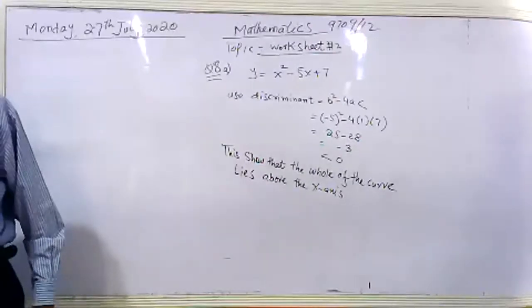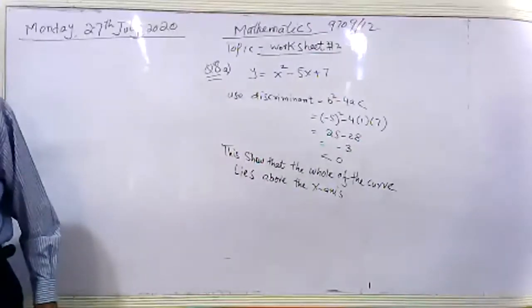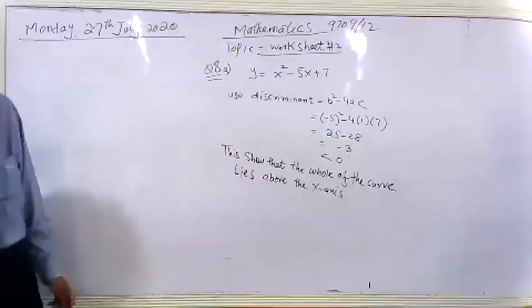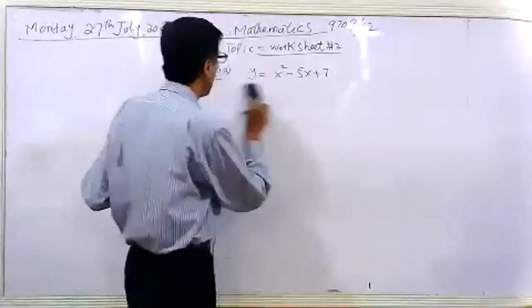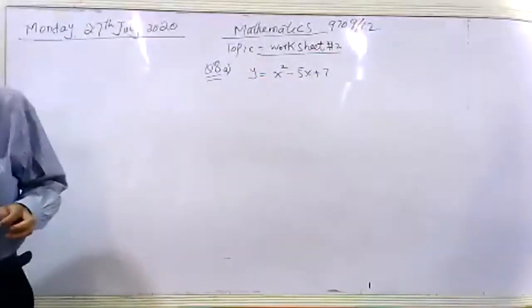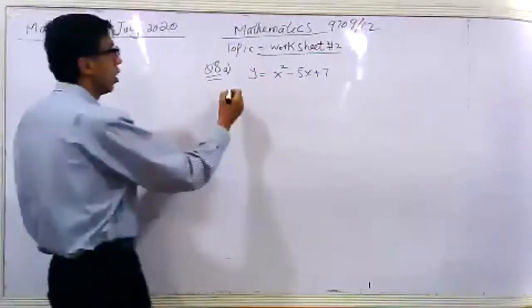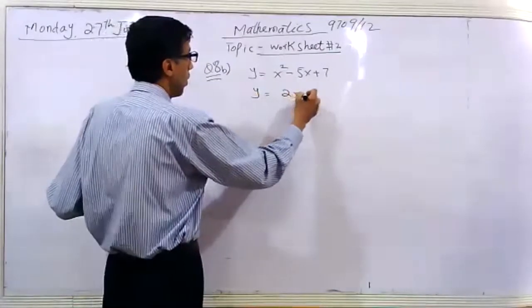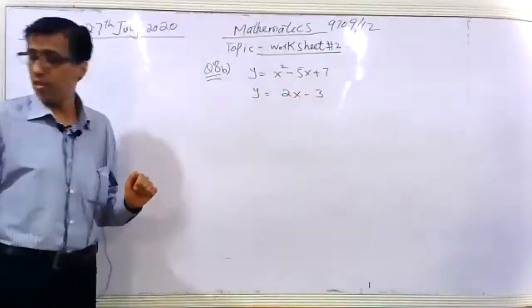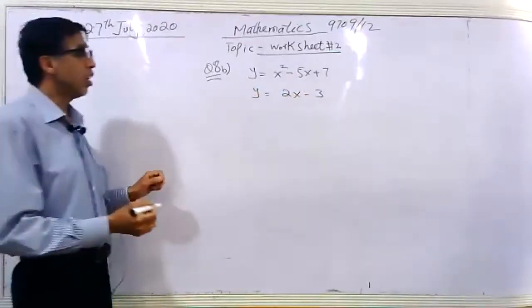In the B part, we have to find the coordinates of the point of intersection of the line and curve. Now these two equations are equal to y.